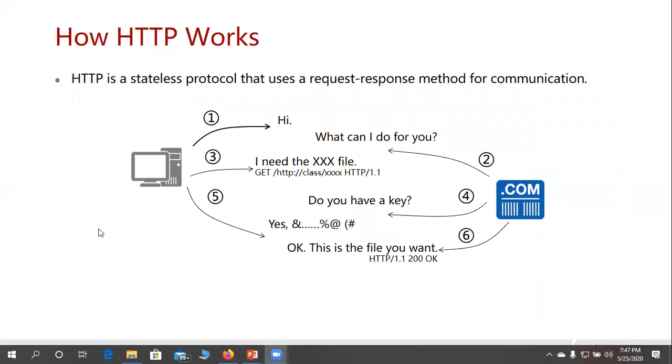So this is what happens on your PC. If you want to connect to the server, the server will ask, what can I do for you? You say, I need such and such a file. Do you have the key? Yes, and so on. That's how it happens. But this process, of course, happens quickly.